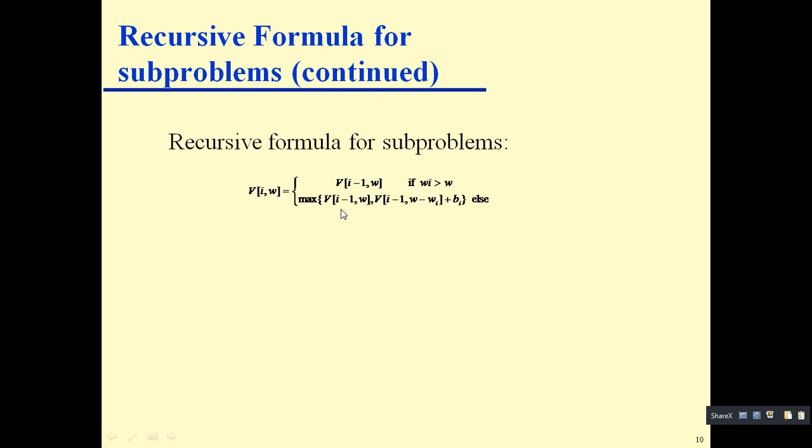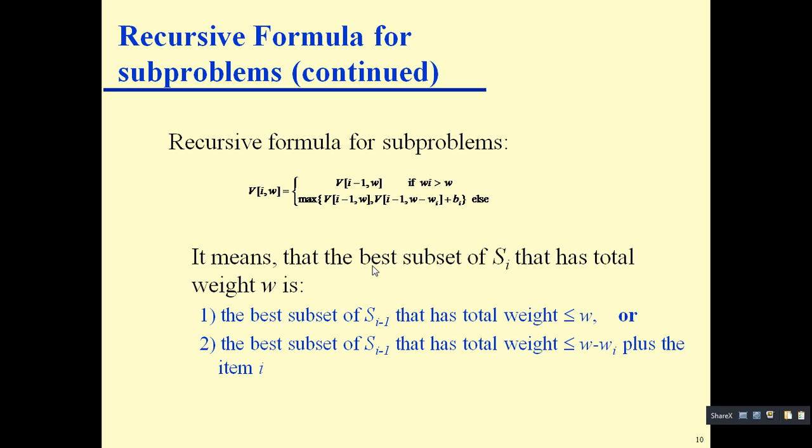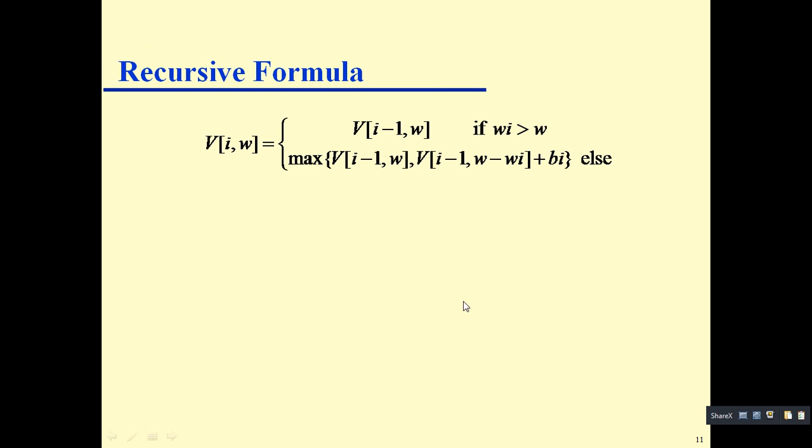Why? Because its cost may be less if we ignore up to the i minus 1th item. It may be the case also. So it is the maximum of these. So this is the recursive formula.